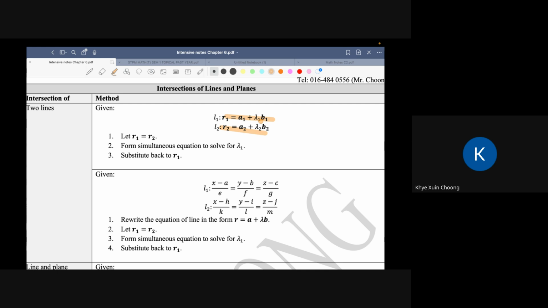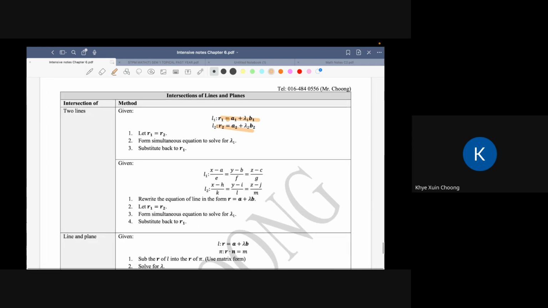You use simultaneous equations to solve for lambda 1. Of course, there are two, lambda 1 and lambda 2, right? You just need to solve for one of the lambdas, then you sub back to equation 1. Then the point that you get should be R1, the coordinate of the intersection point.